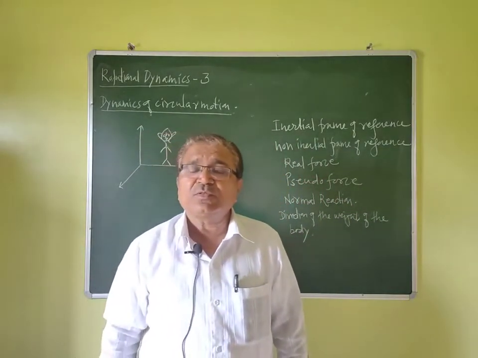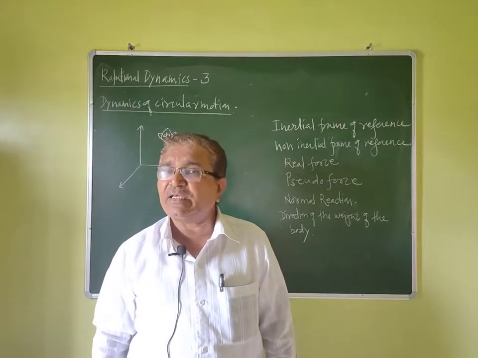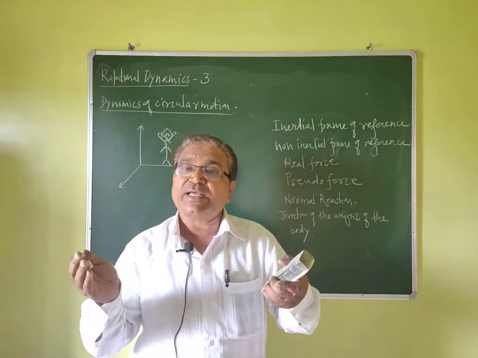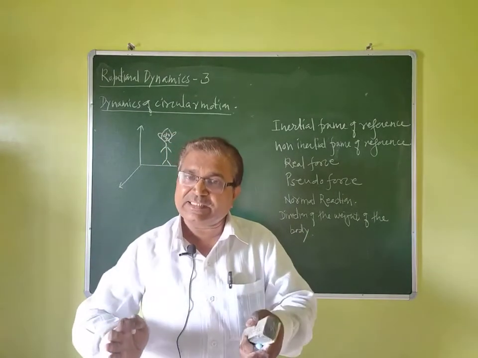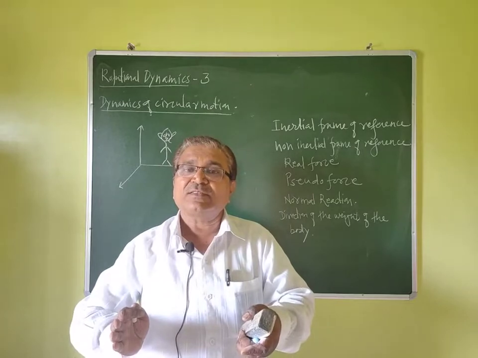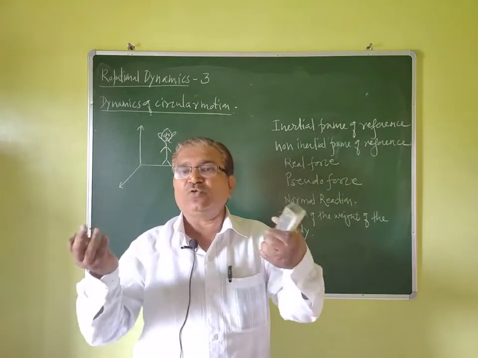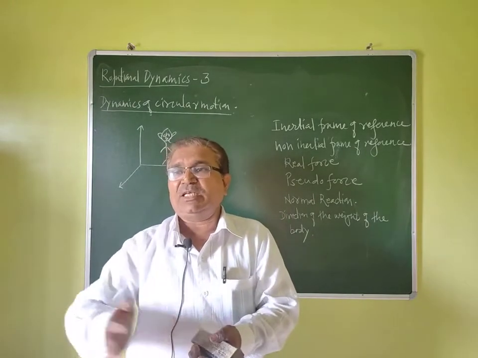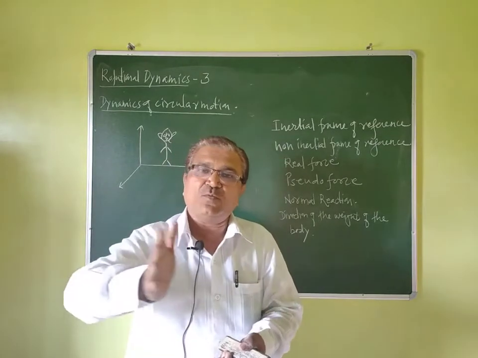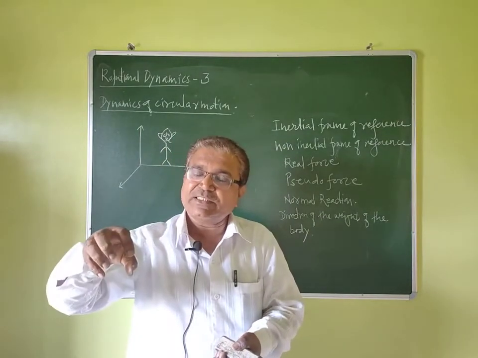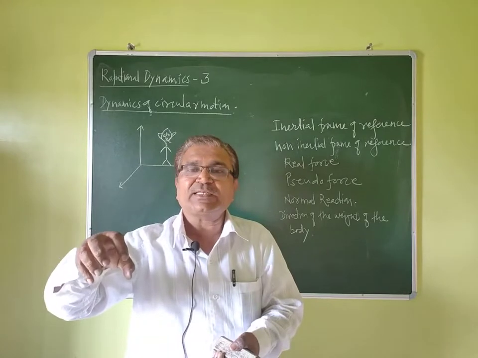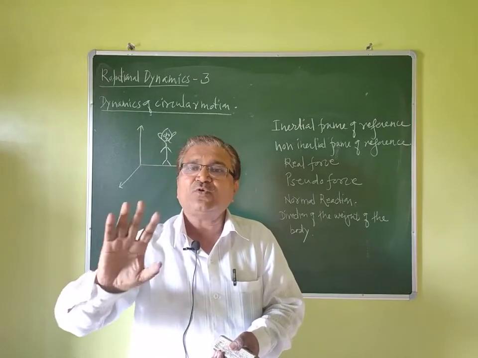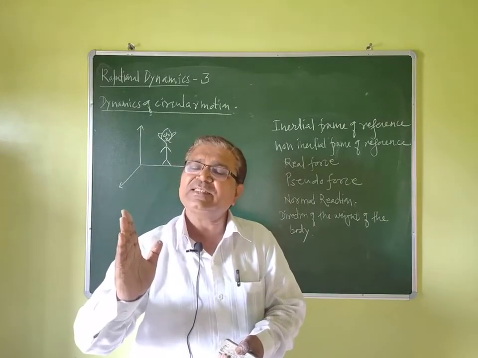This is possible if and only if that particular frame is at rest or in uniform motion. If the train is in uniform motion, then the passengers seated in the train have no external force, and they remain as they are.